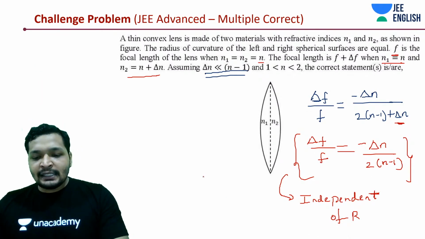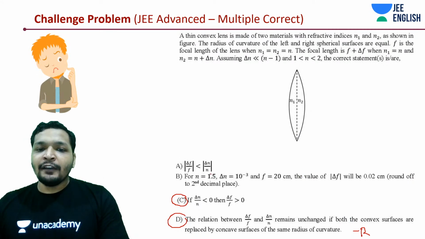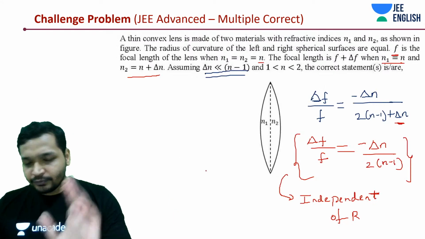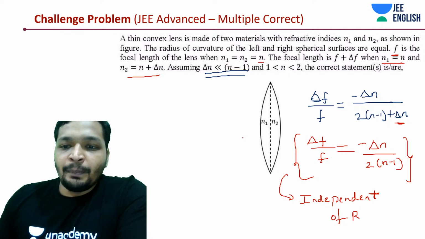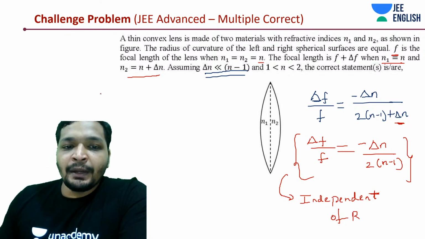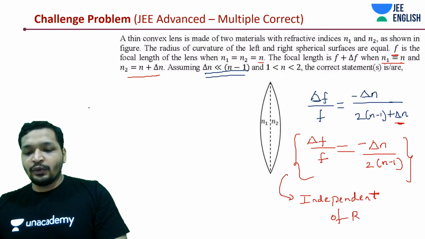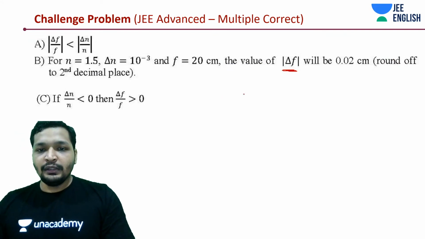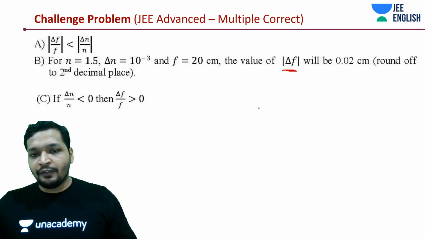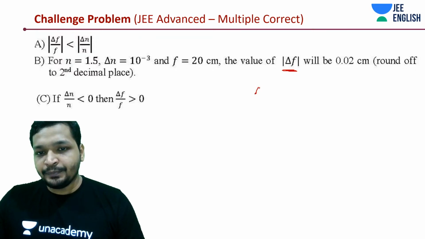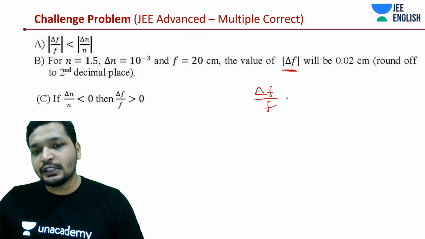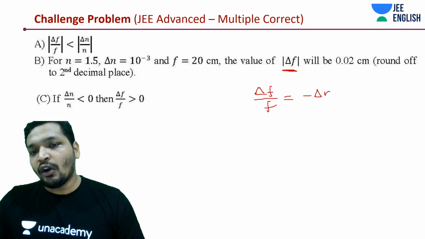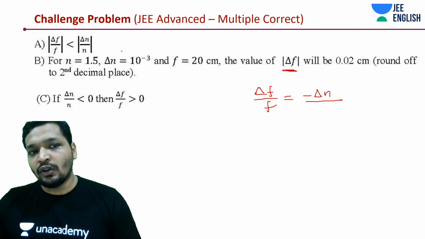So option A says delta f by f is less than delta n by n. Basically, we need to compare two things. Let's analyze it over here. We have this relation: delta f by f is equal to minus delta, all in mod, guys. Just notice it's all in mod.